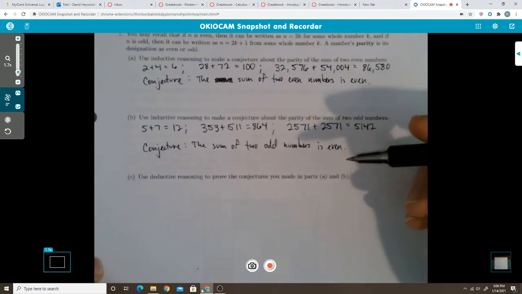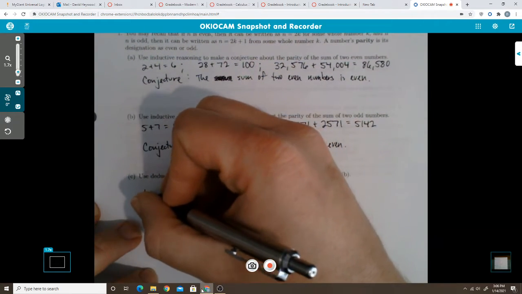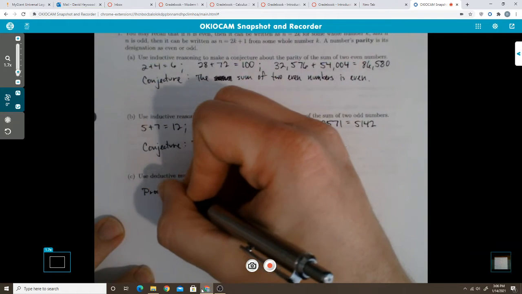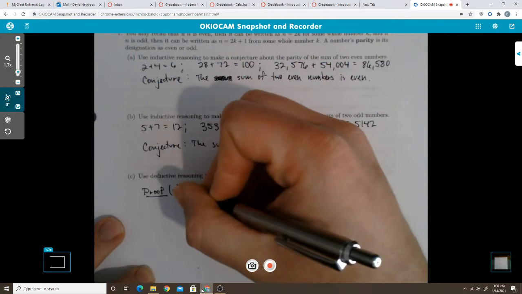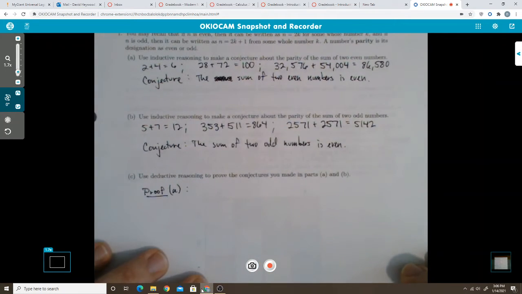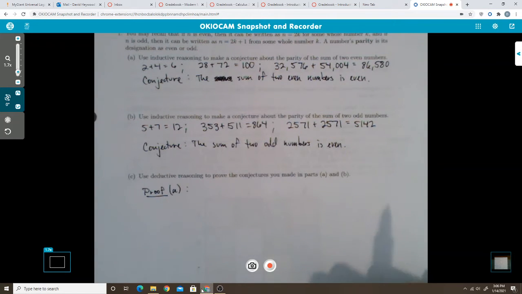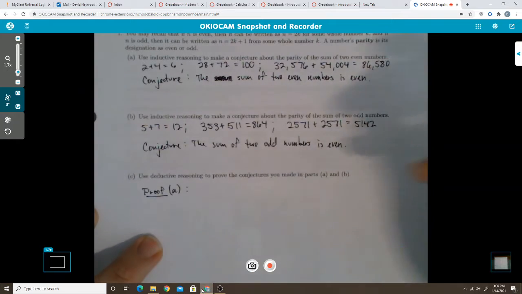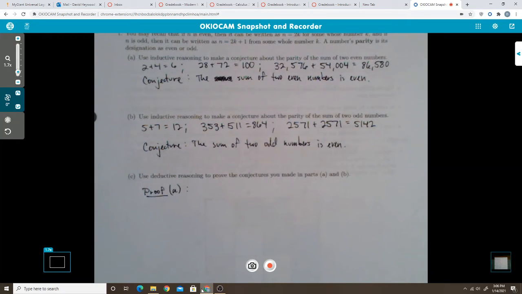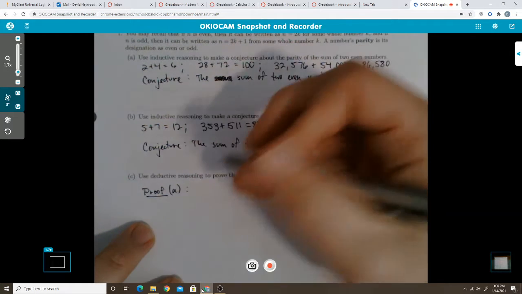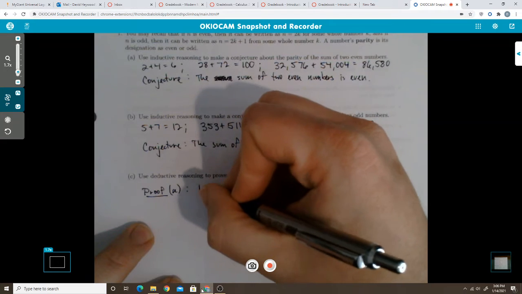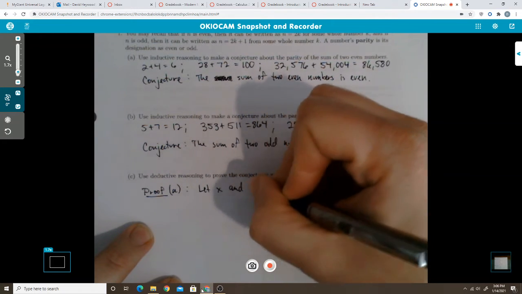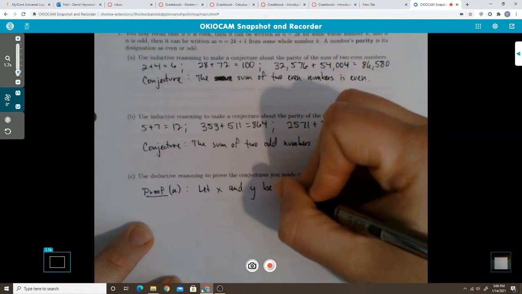So let's see. So proof of part A. So we'll say proof of A. So we're going to add two even numbers. So let's give them a name. And this has to be done in general. Okay, so we can't use any specific examples, we have to do this generally. So we'll say let x and y be even.